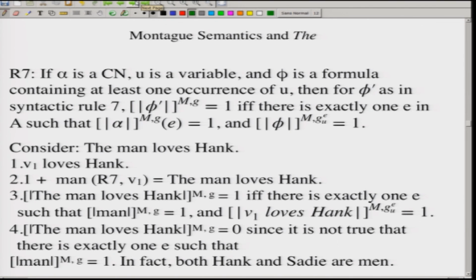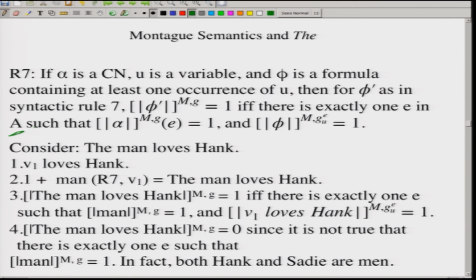He made this rule: if alpha is a Cn, that is a common noun like man, woman, whatever, u is a variable like v1, v2, and phi is a formula containing at least one occurrence of u, then phi prime, as in syntactic rule 7, with respect to m and g is 1 if and only if there is exactly one e in A, the set of individuals, if we remember, such that e is an alpha, alpha is the count noun, and the value of phi with respect to m and g e u is 1.